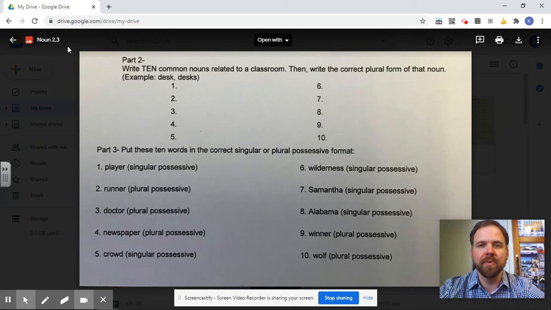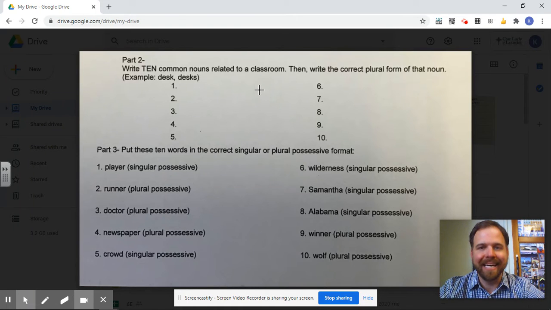So let's just do one really fast. A common noun related to a classroom. For number one, let's say desk, like I have here. And then it says write the correct plural form. So in that same space next to number one, the plural form, like more than one desk, is desks.